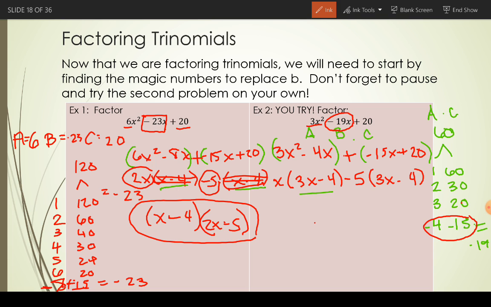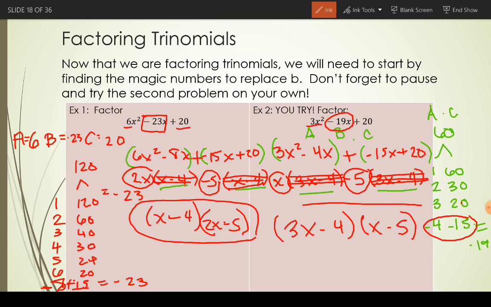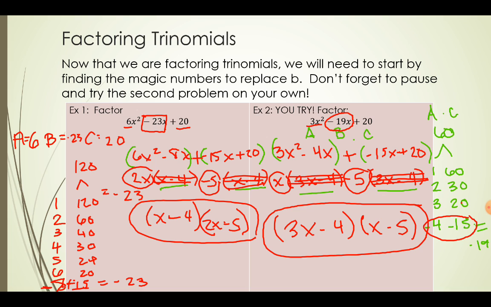We have the same values inside parentheses, so we know we're doing this correctly. Our first factor is going to be what's inside parentheses, which is 3x minus 4. We can cross that out so that we can clearly see what's left. So we have an x and a minus 5. And here are our two factors. Great job.